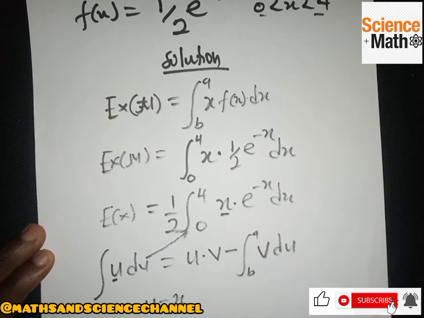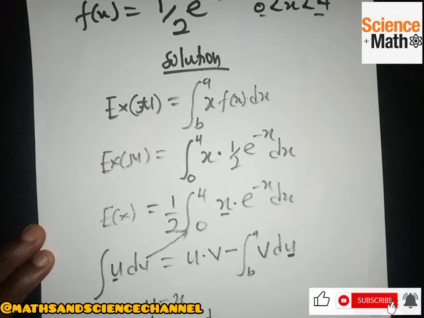So if u equals x, what do we need again? We need du, so we have to differentiate u. So du/dx will be equal to 1, because if we differentiate x, we just get 1.